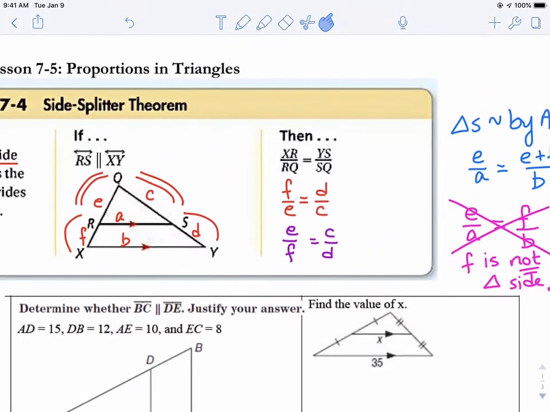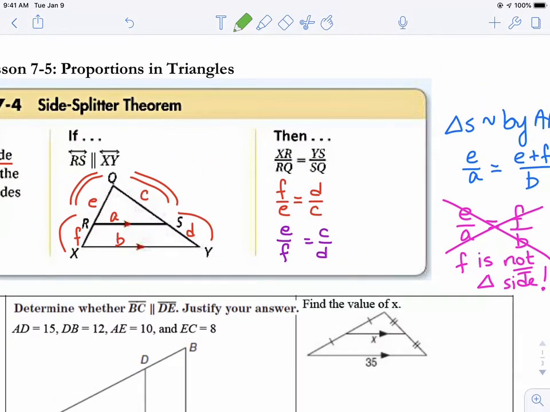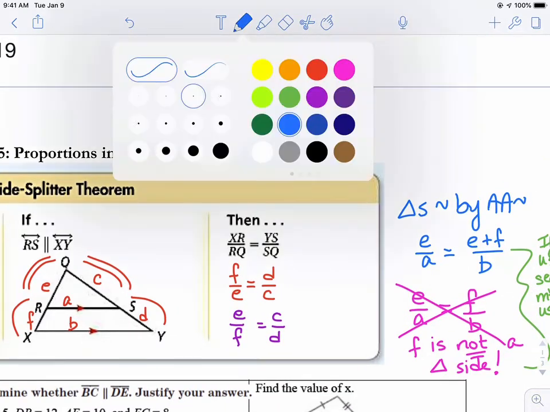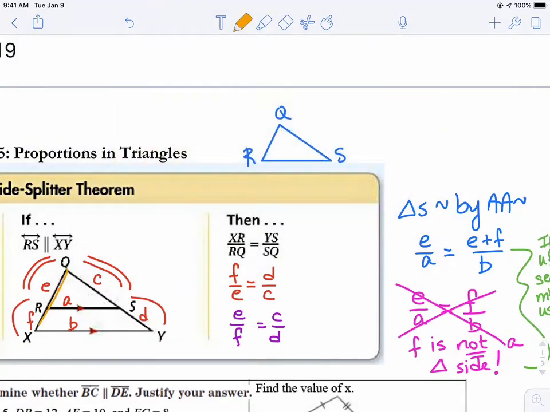Now, if it helps to think about this in terms of triangles that are pulled apart, so you can kind of look at this and say, okay, here's a triangle there that's QRS. And then here's a triangle QXY.